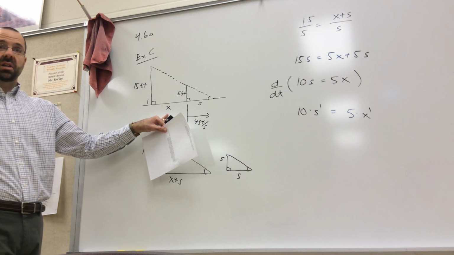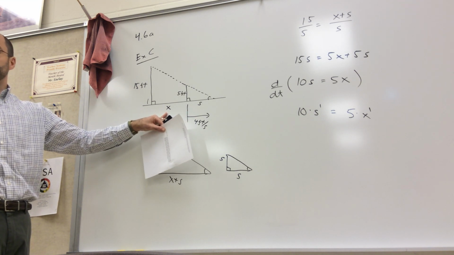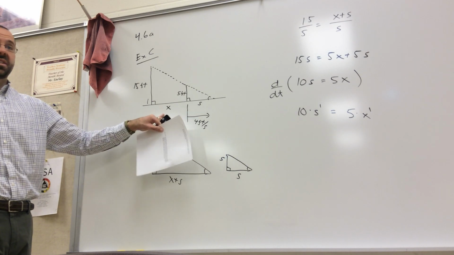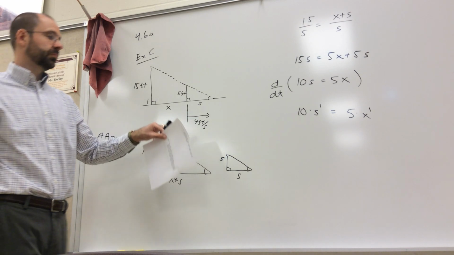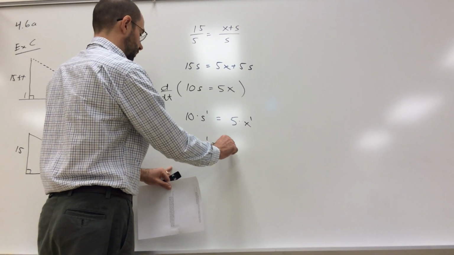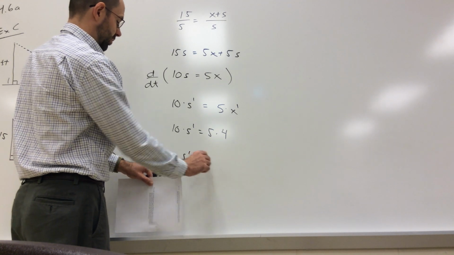As he walks at 4 feet per second, the x gets larger by 4 feet per second. So the 4 feet per second is the x prime. So then S prime is 2.